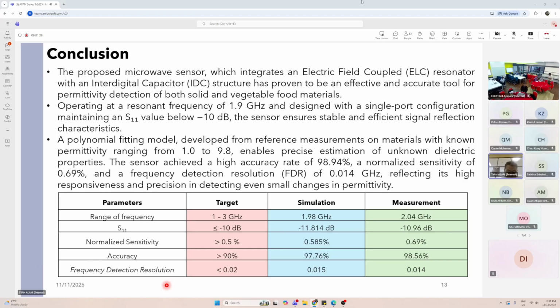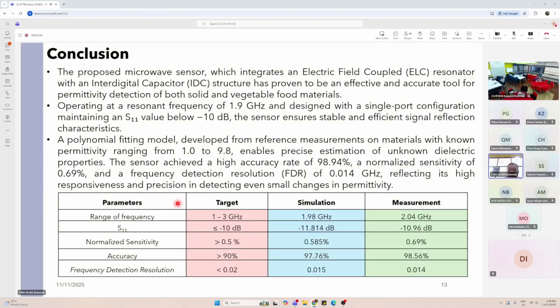In this research, we use vegetable materials as unknown permittivity samples. And the sensor achieves a high accuracy of about 98.9% with a normalized sensitivity of 0.69%, and the frequency detection resolution is about 0.014 GHz, reflecting its high responsiveness and precision in detecting even small changes in permittivity.